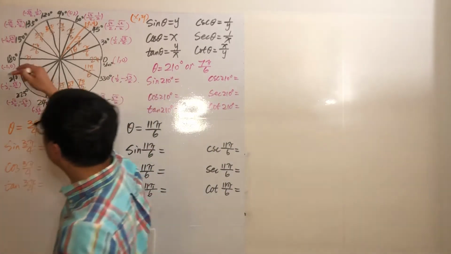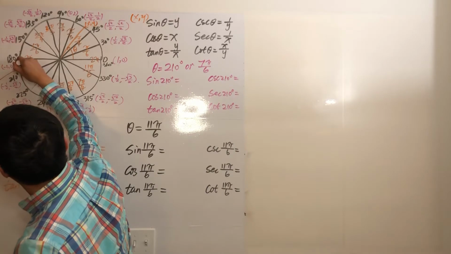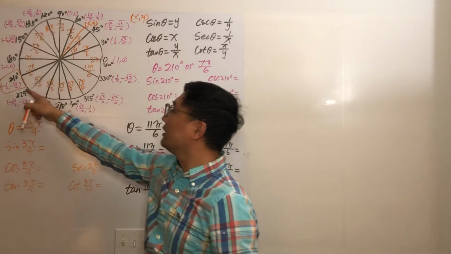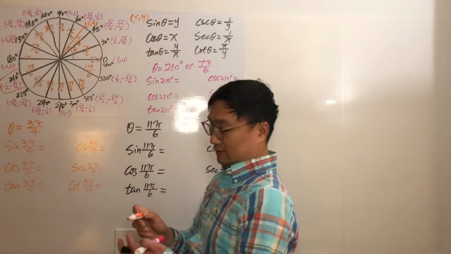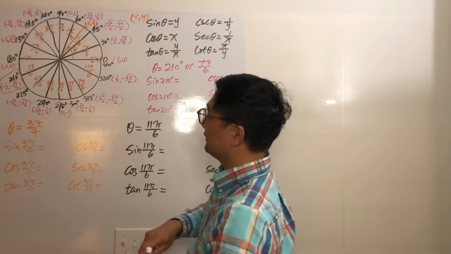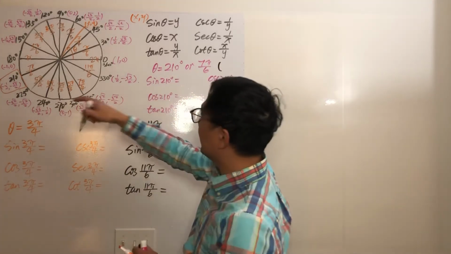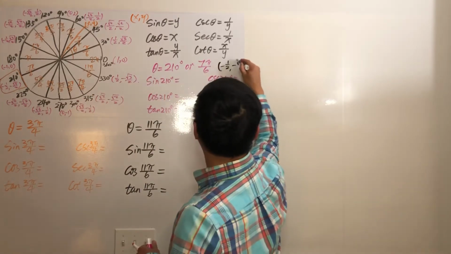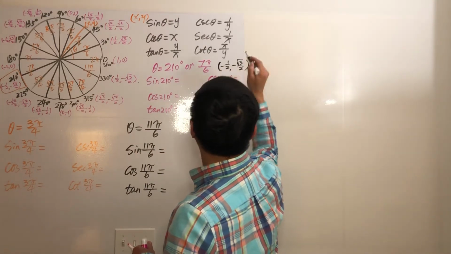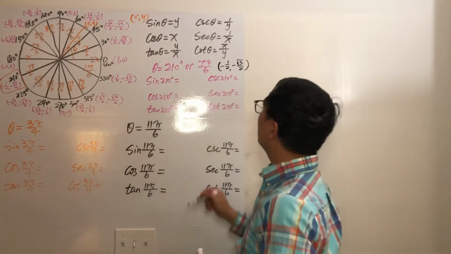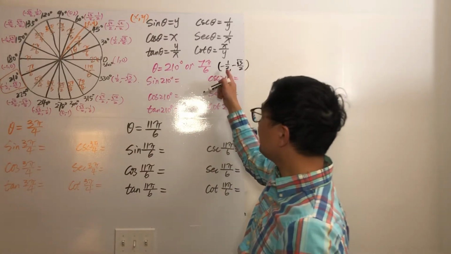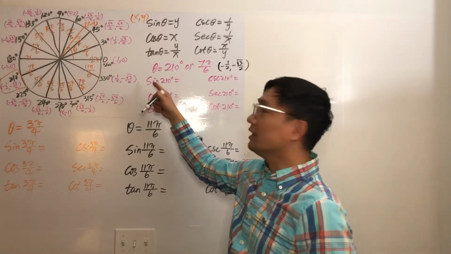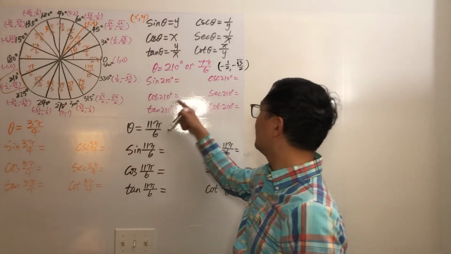After you find the angle here, you know the coordinate is negative 1/2 and negative radical 3 over 2. Now after you know the coordinate, based on the definition, you should know how to find the value of the six trig functions.